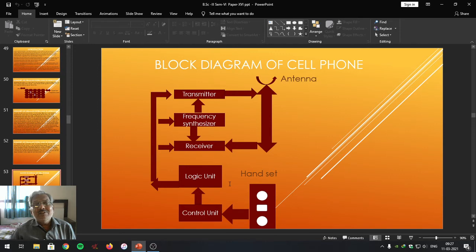Be it transmitting the signal and receiving the signal at the receiver, providing the necessary frequencies for the transmitter as well as the receiver, providing the received signal to the destination, searching the number to whom the dialing is to be done, or recognizing the number from which the call is coming.